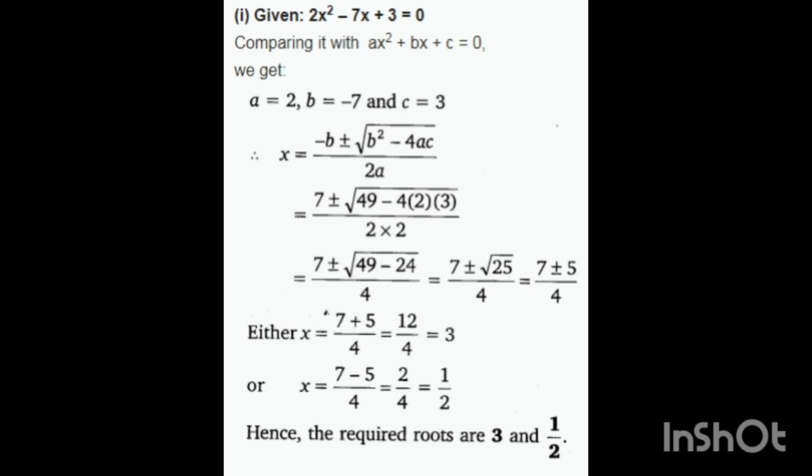So we will get x equals to finally 7 plus minus 5 by 4. Then either x equals to 7 plus 5 by 4, which implies that x equals to 3, or x is 7 minus 5 by 4, which implies x equals to half, or 1 by 2. So hence the required roots of x are 3 and half.